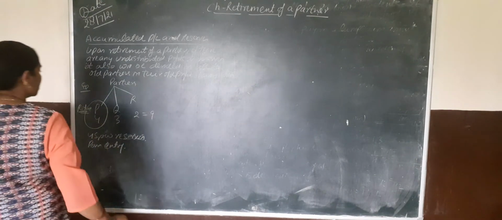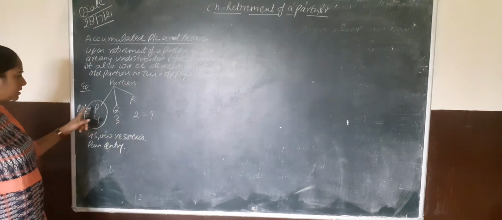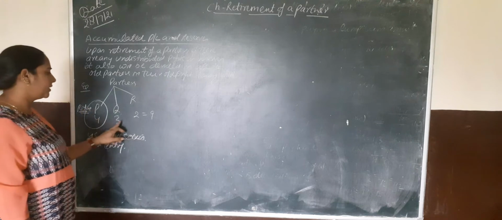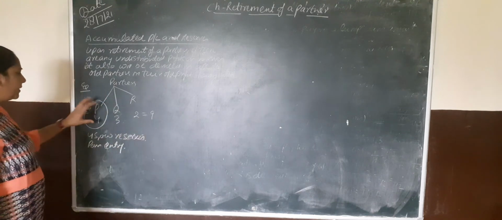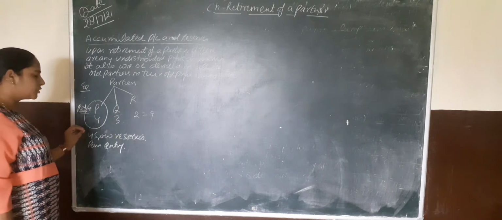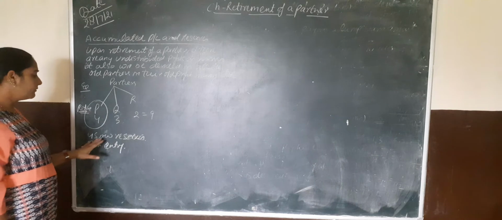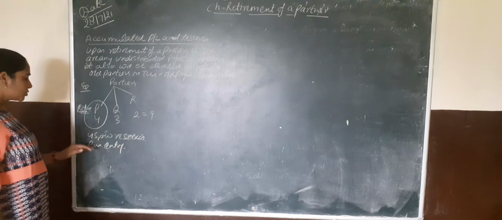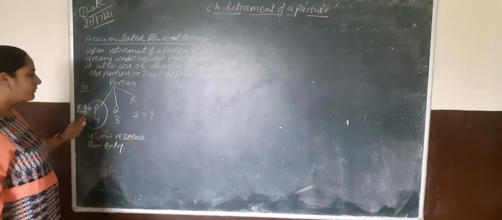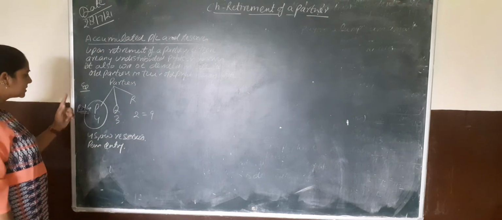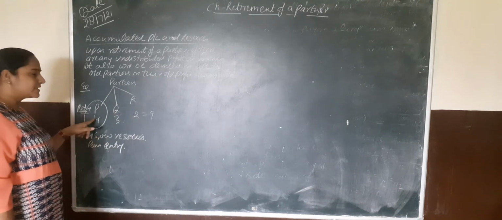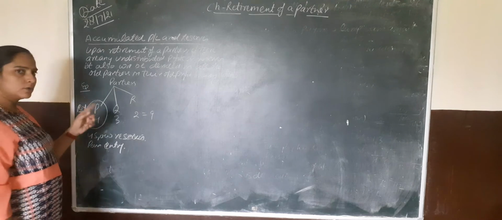Children, the question is: there are three partners P, Q and R, and their old profit sharing ratio is 4:3:2, which equals 9. Now P wants to retire, and at the date of his retirement the firm's books show 45,000 rupees as a reserve. We will pass the necessary journal entry at the time of retirement of P. In this reserve amount of 45,000, P also has a share according to his ratio.